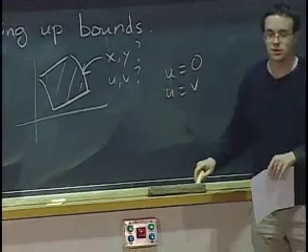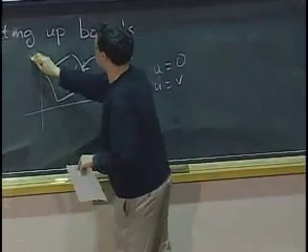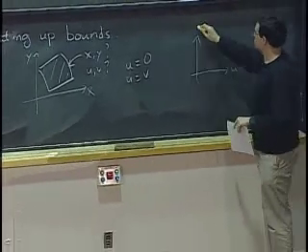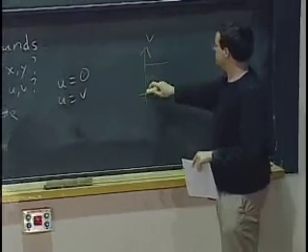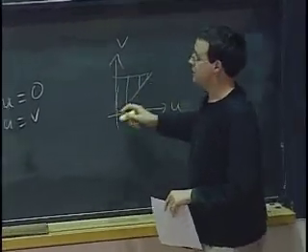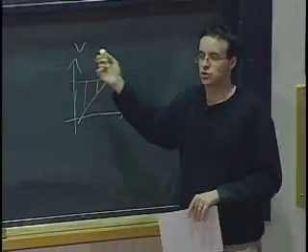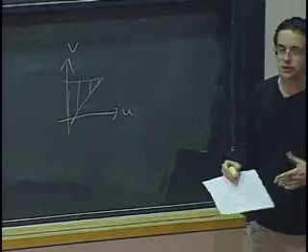Then it's up to you to decide what to do, but usually the easiest is to draw a new picture of what your region will look like in the new u and v coordinates. It should look much easier than what you started with. Okay? So that's the general idea.